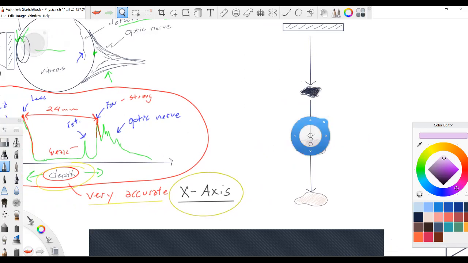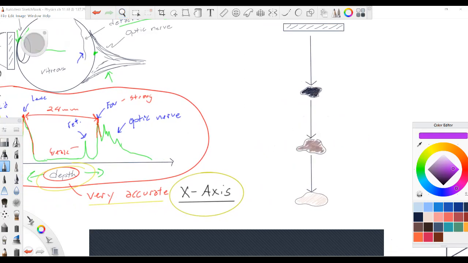On A mode, the height, I know this is getting really messy over here, but this height, or anywhere along that line, is echo strength, and that was in the Y axis. So a very bright echo would be high up there. A very weak echo would be low.